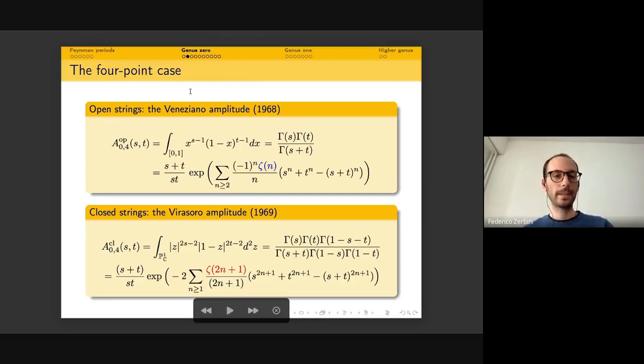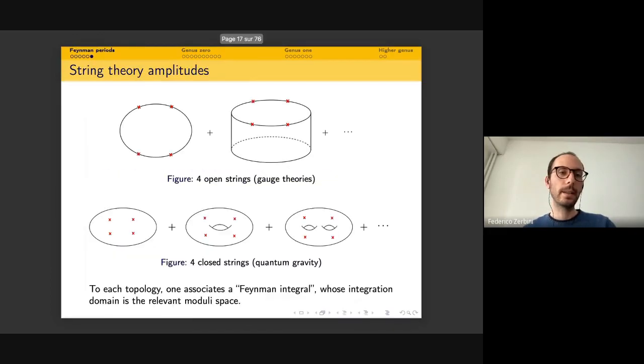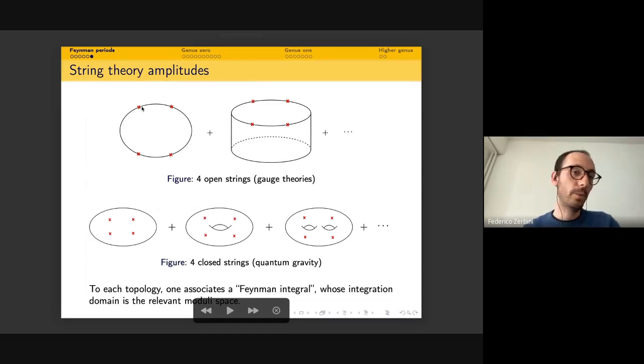Good. So let's take a closer look at this. I promised you that these Feynman integrals would be integrals over certain moduli spaces of points on certain kinds of surfaces. And here you get an integral over the interval 0, 1. Why that? Well, you can think of this circle as just the real line, and by some symmetries that you can exploit in string theory, you can fix 3 of the 4 strings at 0, 1, and infinity.